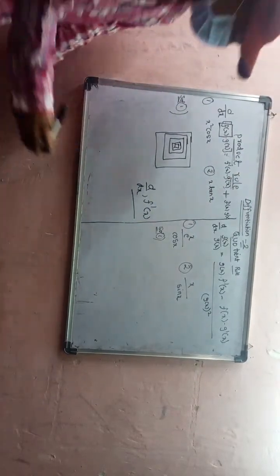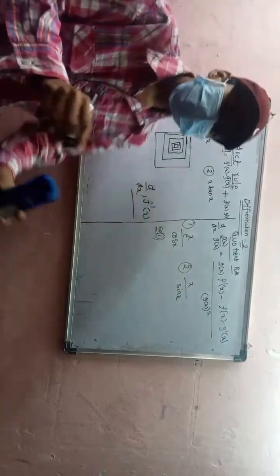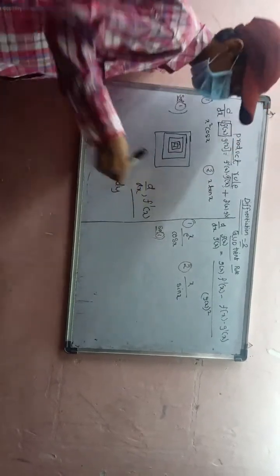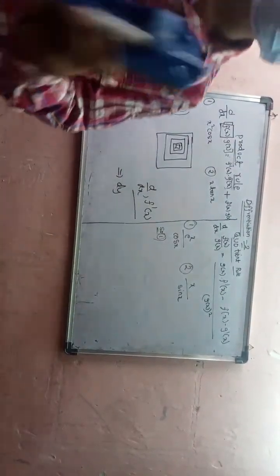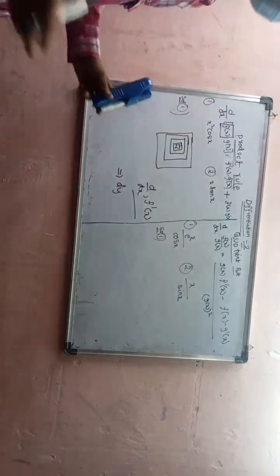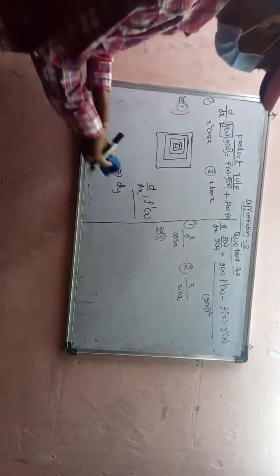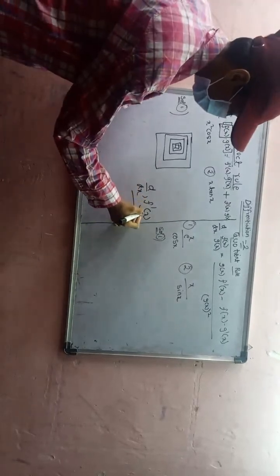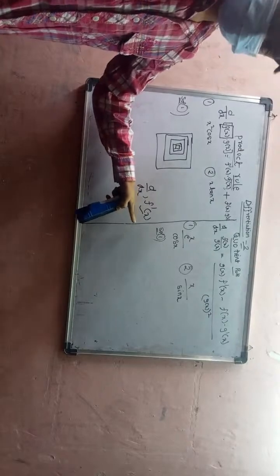We differentiate with respect to x, but differentiation with respect to y we will discuss in differentiation of implicit functions, later. It is not needed now. Just remember, dy dx can also be written as f dash of x.